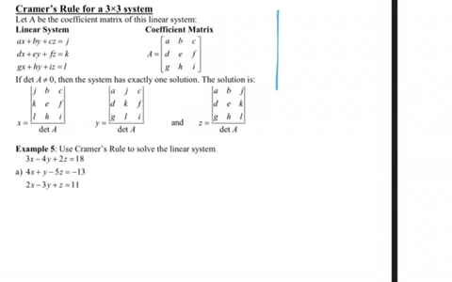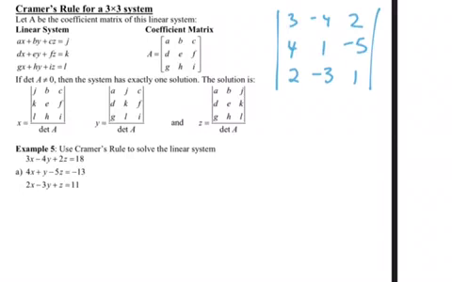So for this first one, I'm going to look at example A, and I'm going to do my coefficient matrix up here. So I need 3, negative 4, 2, and then 4, 1, negative 5, and then 2, negative 3, 1.